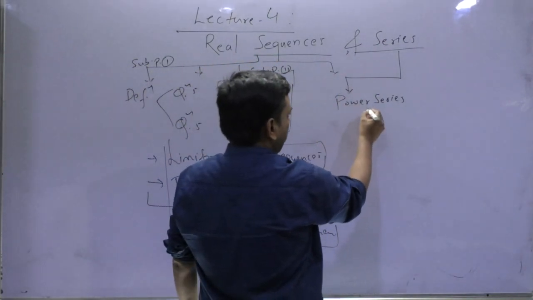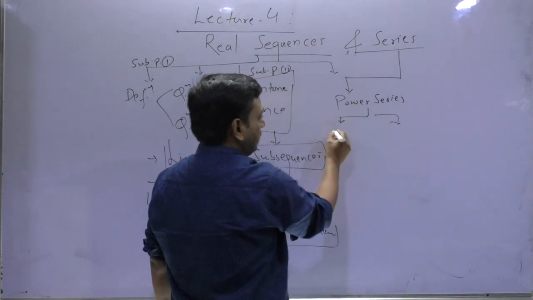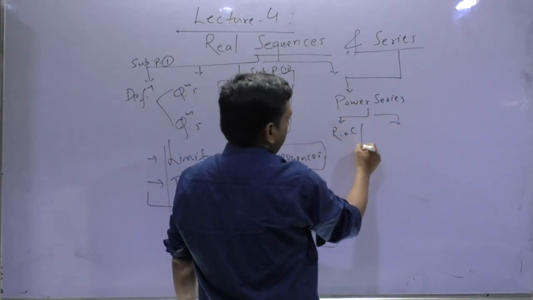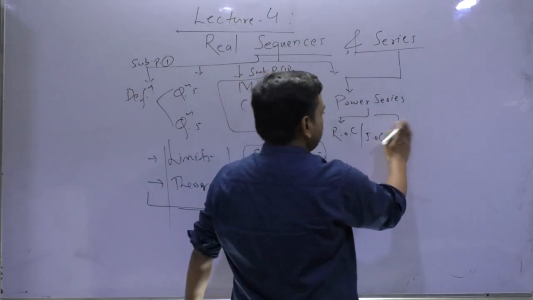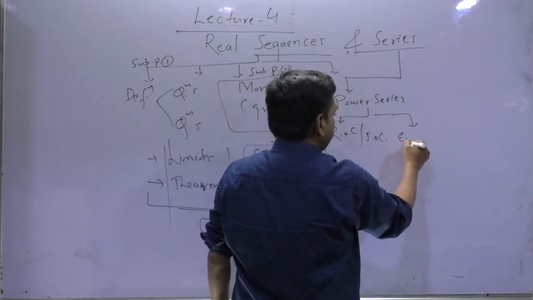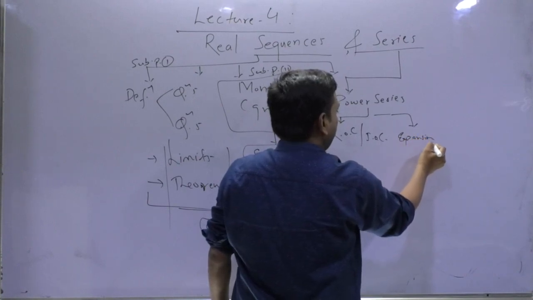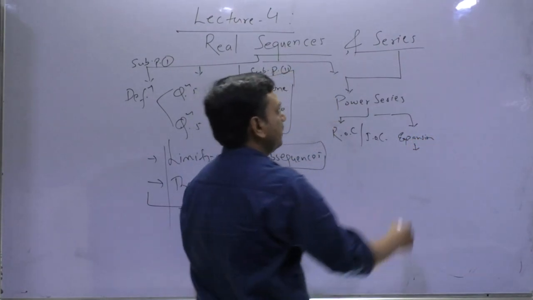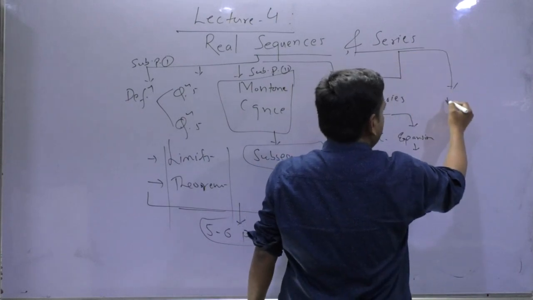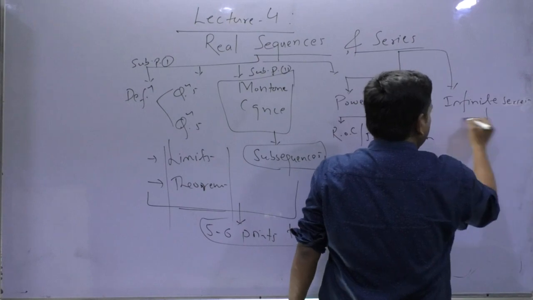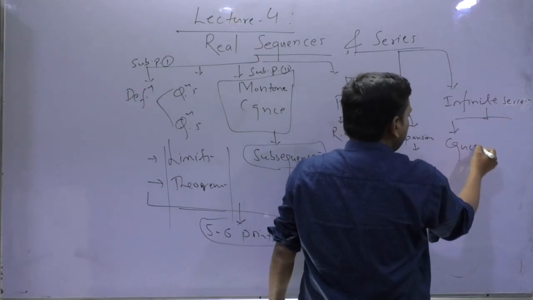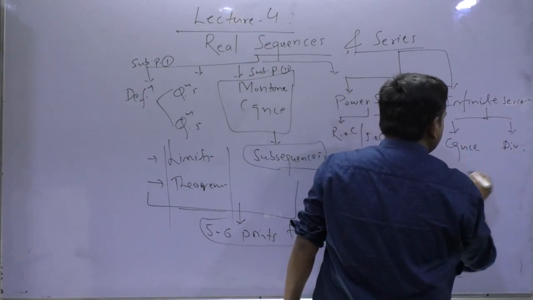When I talk about power series, I will be talking about radius of convergence or interval of convergence. Power series, then expansion when it is possible. In series, another part we will have is infinite series, for which we will check convergence and divergence.